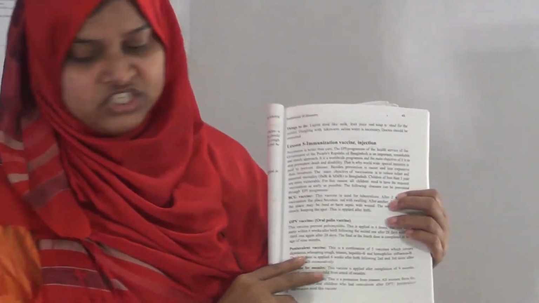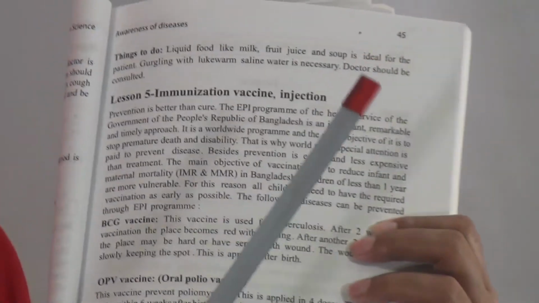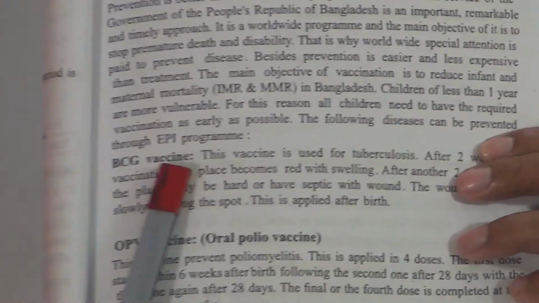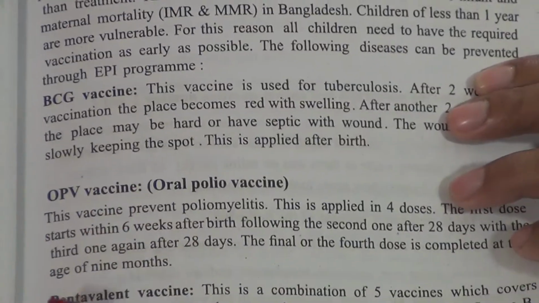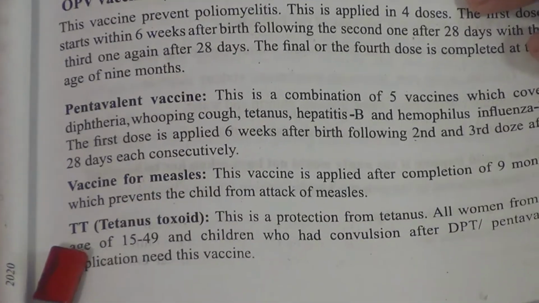our textbook. Please take your home science book, open chapter 5, lesson 5, page number 45. In this lesson, we find some names of vaccines. Here the first one is BCG vaccine, OPV vaccine, pentavalent vaccine, vaccine for measles, TT.